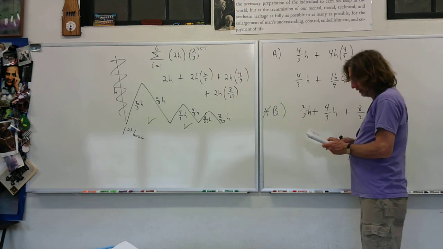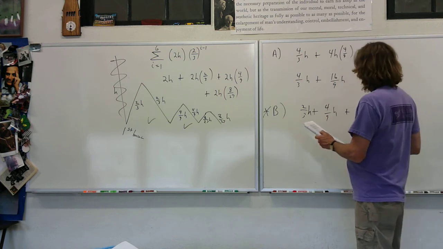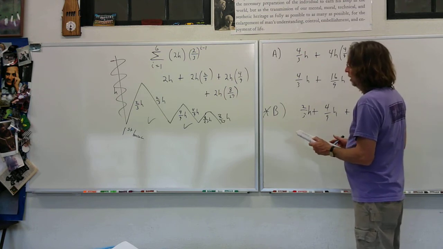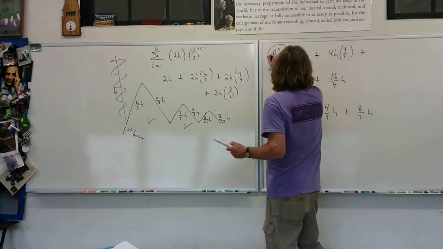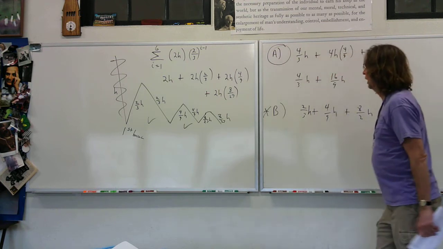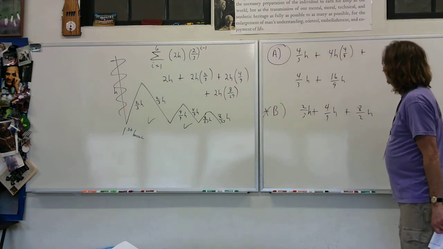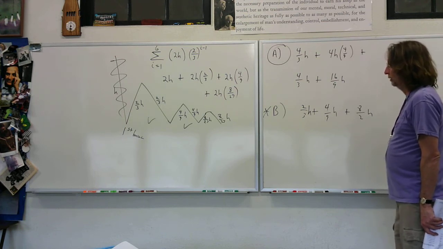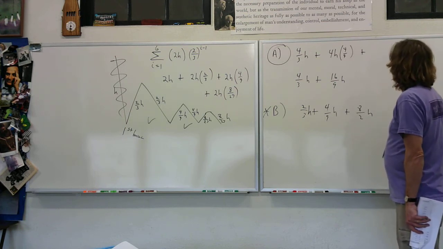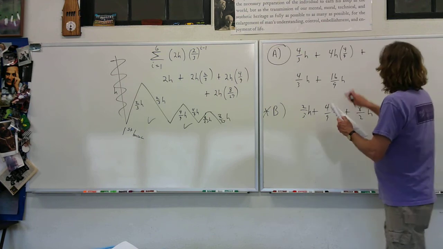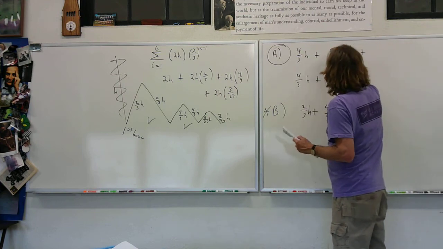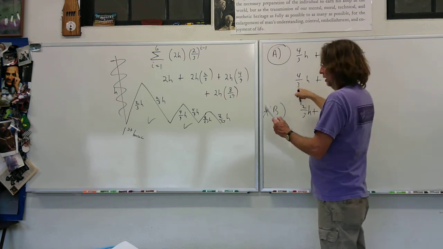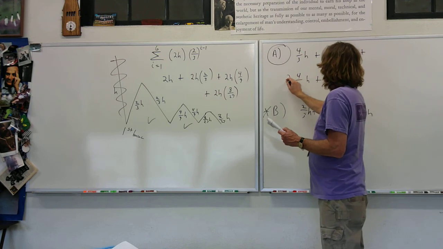You don't want to do C. Did I do B? I need a 2 in there. Oh, guess what? I just blew it right off. 4/3, add those together, that's your 4/3 H. Add those together, that's your 8/9. And that's supposed to be a 2 right there. So there's your 8/9, and then there's supposed to be a 2 here.